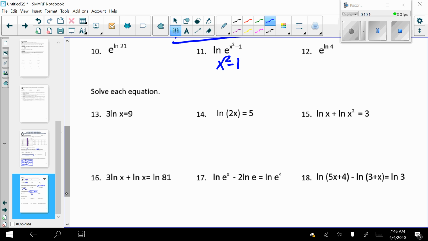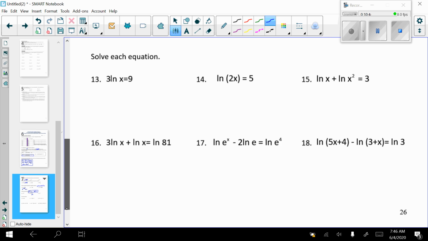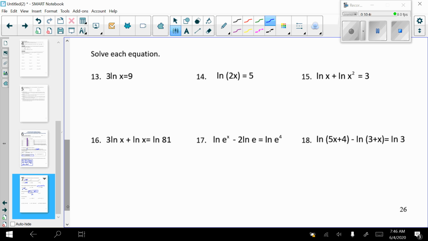All right, and then these are solving, just like we did with the others, using some of the properties or the definition to try to solve. Let me pick one. I'll do 17 and 18 with you. Let me start with 18 because this one looks the most like what we just did. Remember, it doesn't matter that it's natural log and not log, it works the same way.